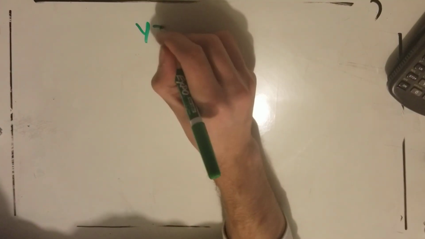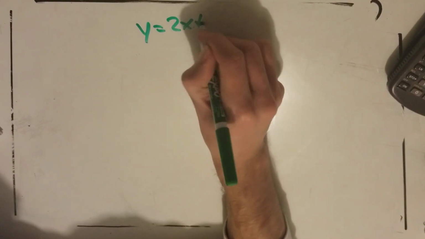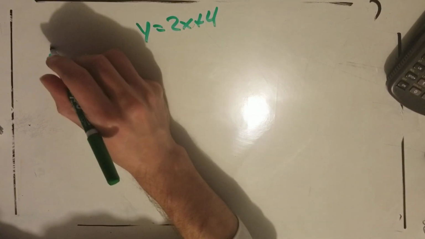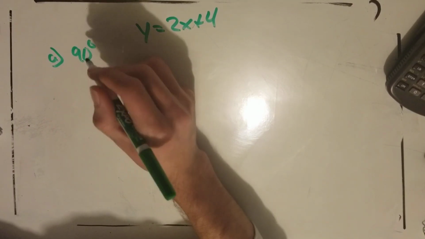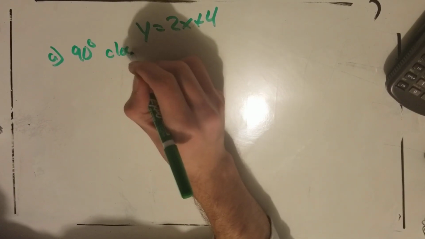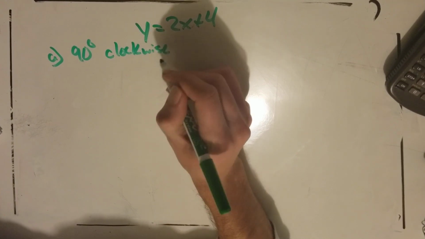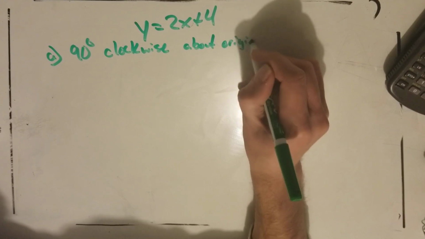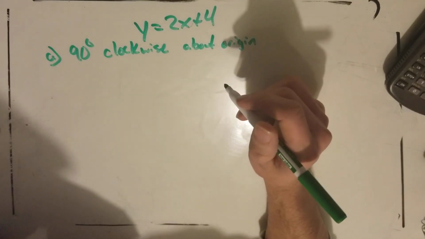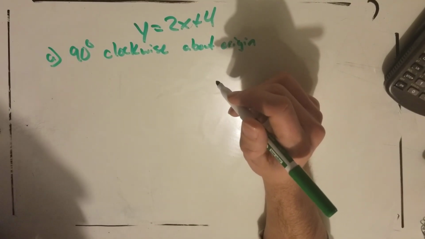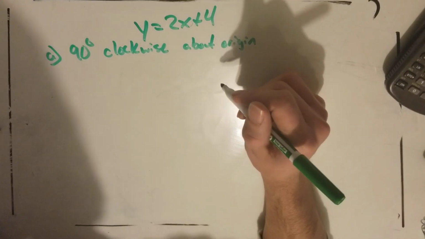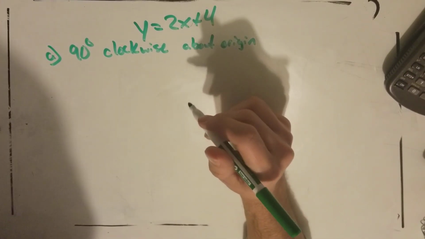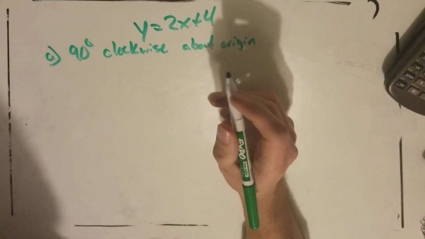Now we're on slide 12. We are told to rotate the line y equals 2x plus 4, and part A says rotate 90 degrees clockwise about the origin. Those rules were for rotating about the origin. The rule for rotating 90 degrees clockwise is that your x becomes negative and is now your y coordinate.